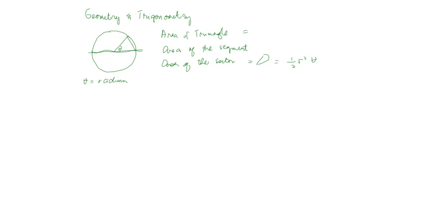This one is a triangle, which is 1/2 AB sine C. Remember that A, B, and C are just variables. You can change them to X, Y, Z or P, Q, R. What is important to note is that A and B are adjacent sides and C is the angle in between them.